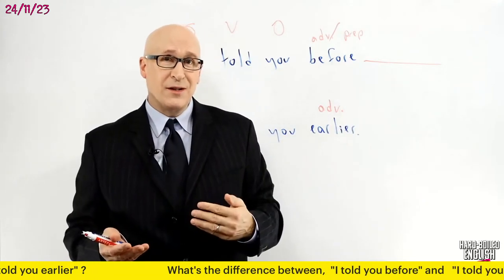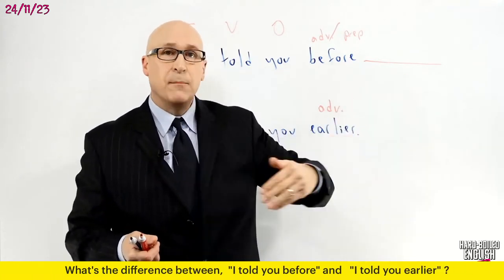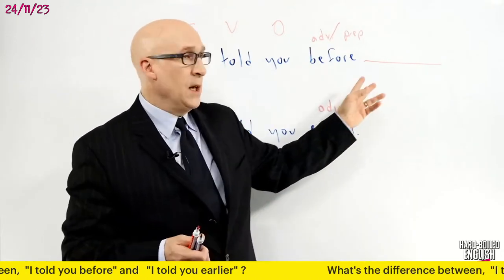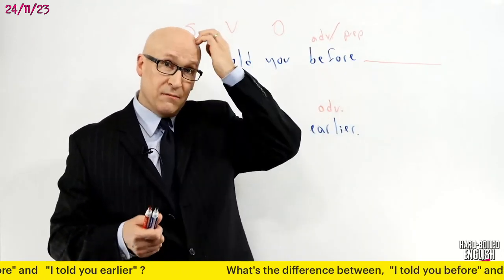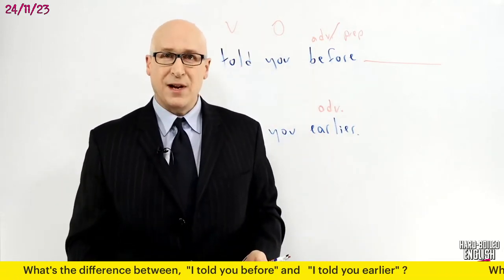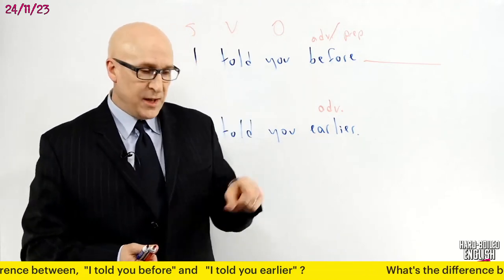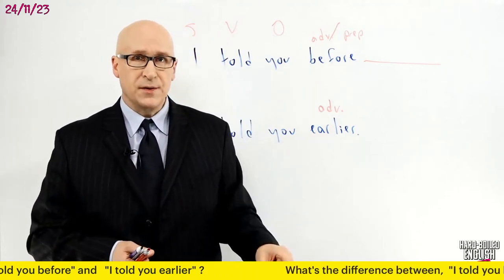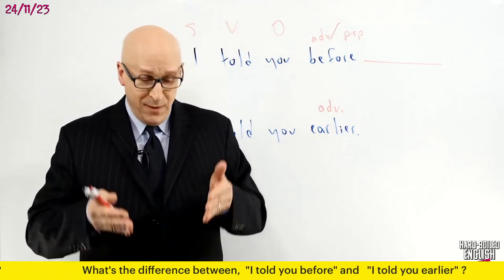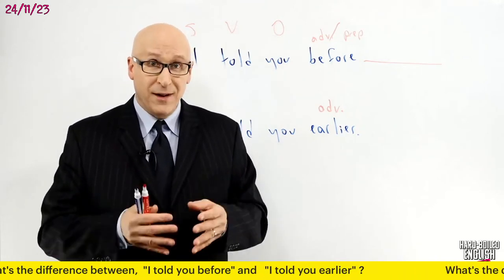Now, oftentimes in a conversation, I don't need to say "before what" because the listener knows already. Okay, so if I told this person something, when I was young, my mother would remind me to tie my shoes. And she would say, "I told you before, tie your shoes." So before what? Well, before this time, before this moment, before now.